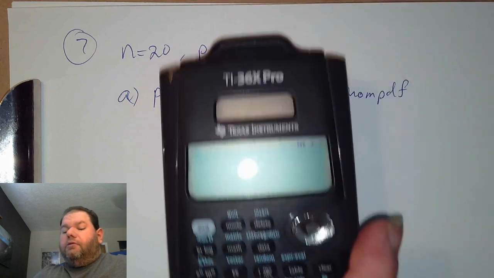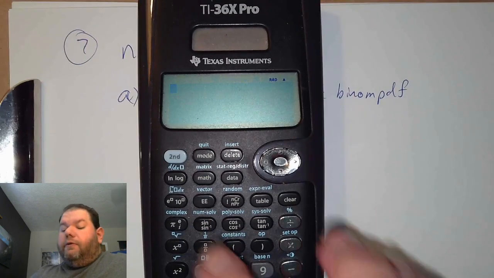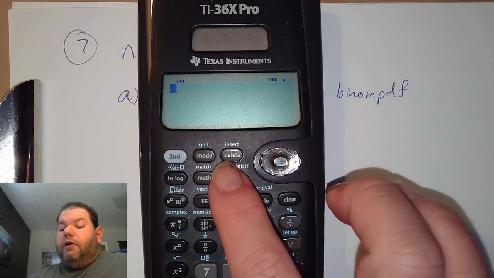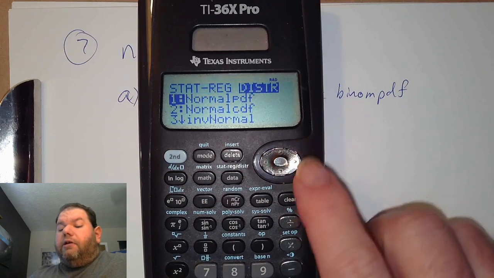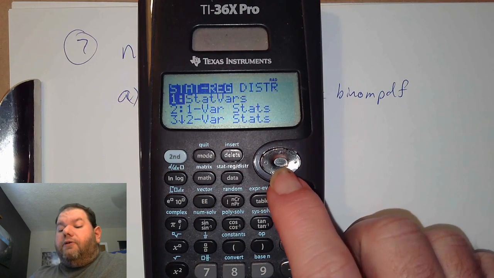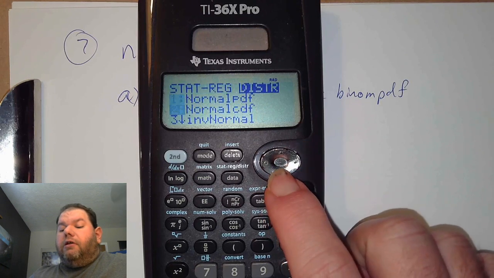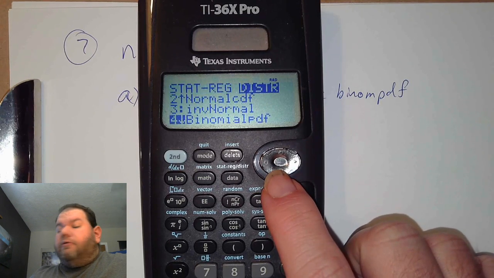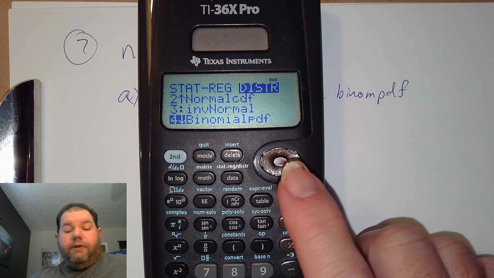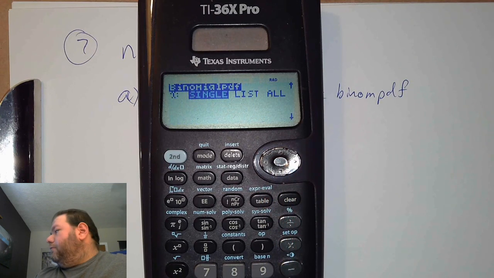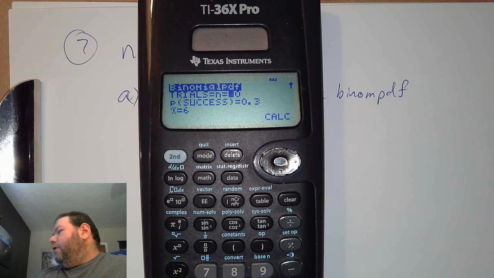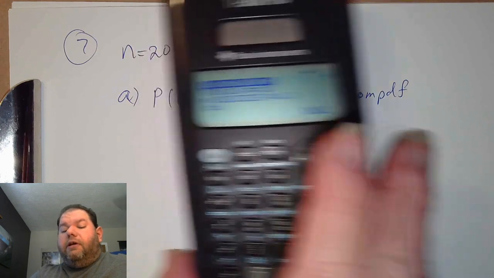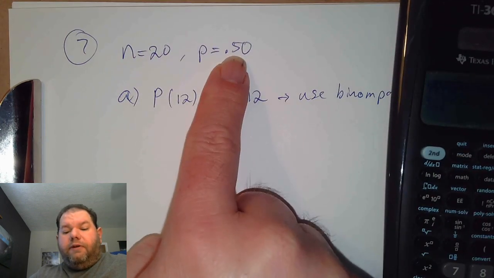So we go second, and then on this calculator data, we arrow right to distributions, and then arrow down until we get to Binomial Pdf, which is option 4 here. We press enter, and enter again. Now, number of trials, in this case N, the sample size, is 20. Our probability of success we defined as 0.50.